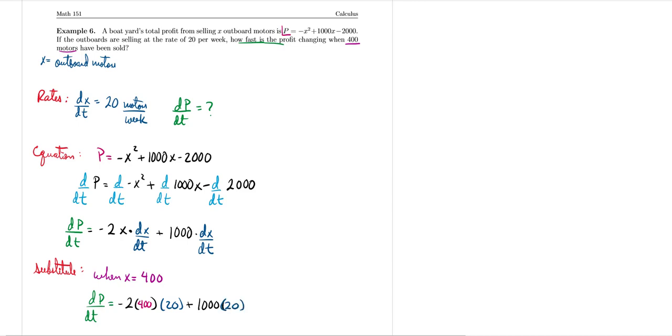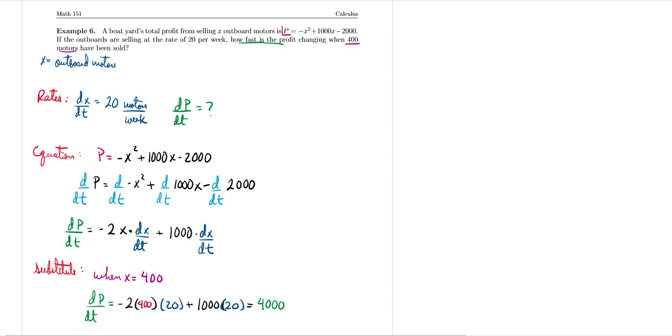Now, what will that give us? If we plug everything into the calculator, I get 4,000. What are my units here? The profit is going to be increasing at 4,000.